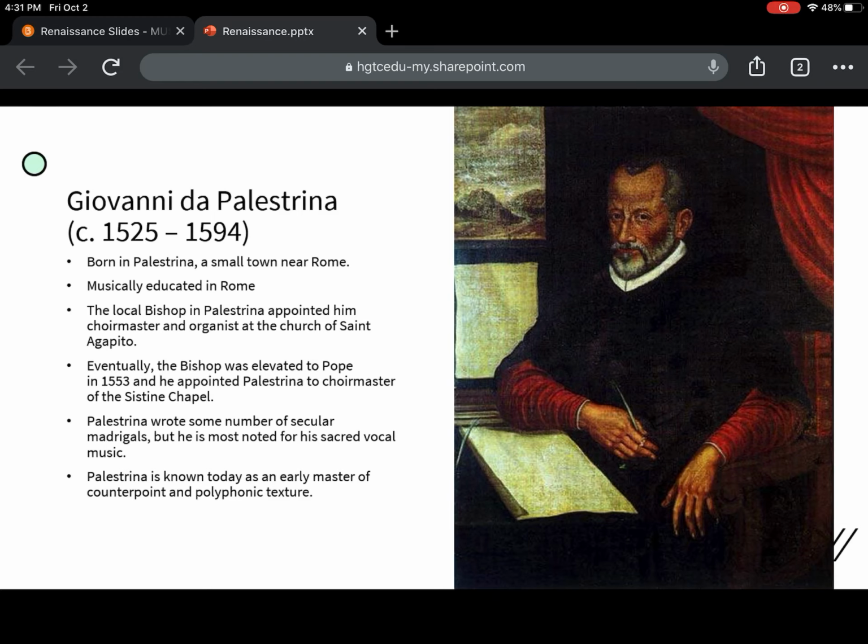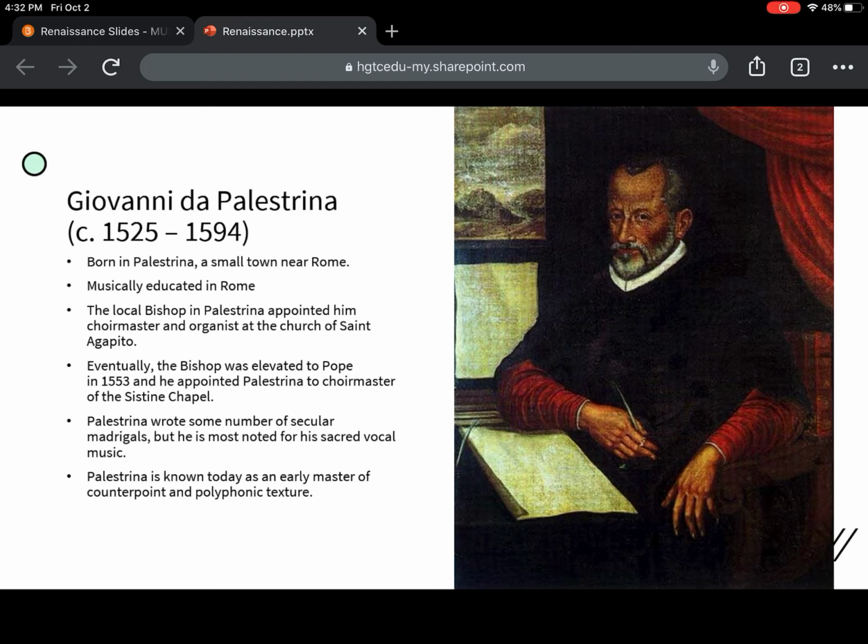Speaking of Palestrina, Giovanni da Palestrina lived roughly from 1525 to 1594. He was born in Palestrina, a small town near Rome, musically educated in Rome. Very interesting figure. We have a lot of Palestrina's music still, considering this person was alive almost 500 years ago.